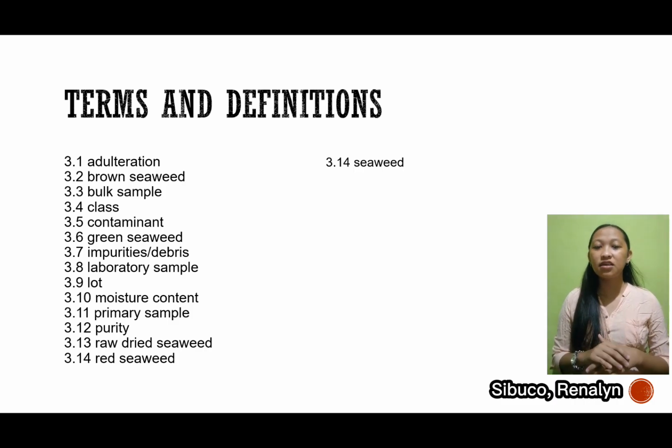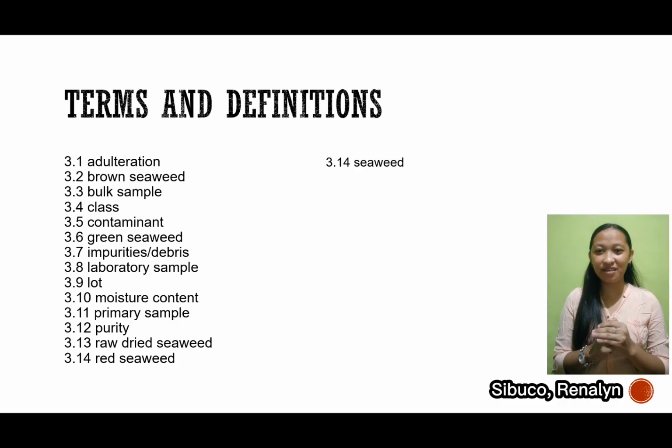For lot, composed of seaweed belonging to the same species intended to be uniform in characteristic and has undergone similar post-harvest treatment. For moisture content, amount of water present in the dried seaweeds expressed as percentage.